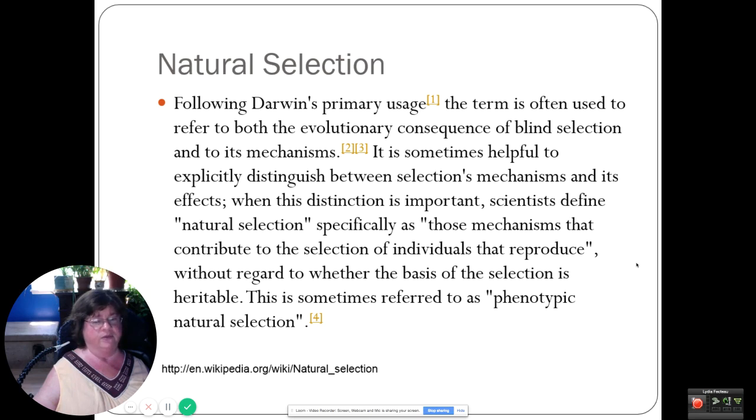This is sometimes referred to as phenotypic natural selection. So it's this idea that whichever mutation seems to help can then be inherited.